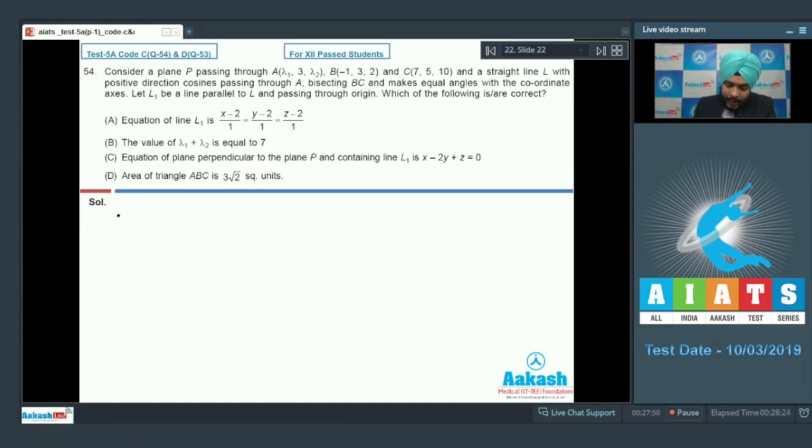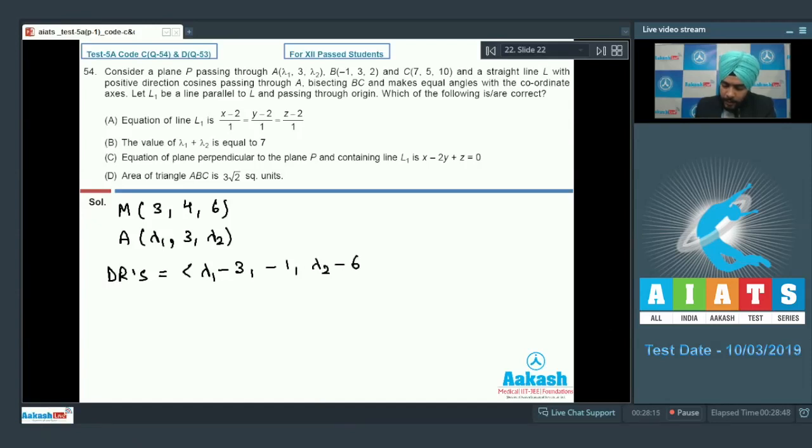Let us consider the line L. Line L is passing through the midpoint of B and C. Let the midpoint be M. The midpoint M of B and C is 6 upon 2, 8 upon 2, 12 upon 2, that is 3, 4, 6. It is passing through A as well, lambda 1, 3, lambda 2. What are DRs? DRs are lambda 1 minus 3, minus 1, and lambda 2 minus 6.